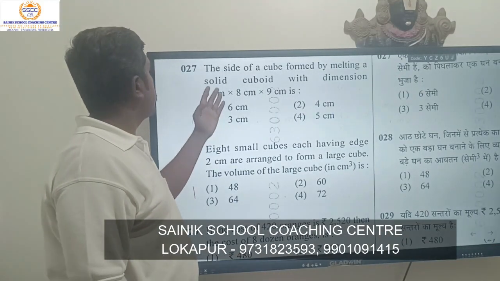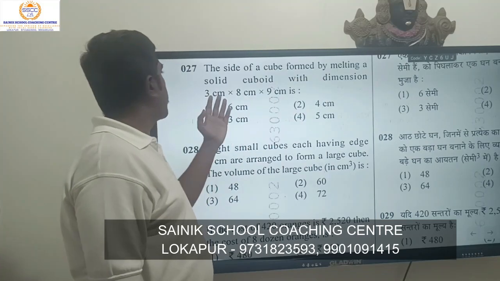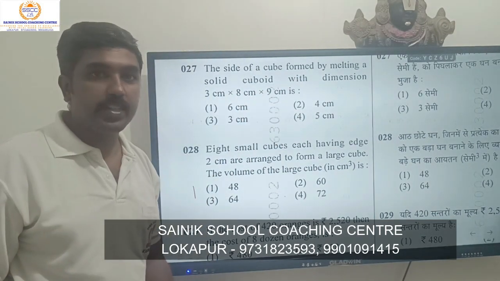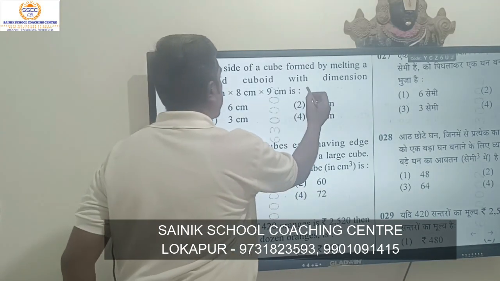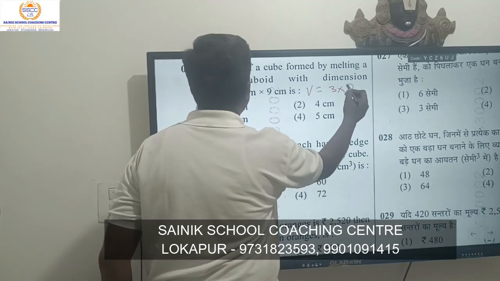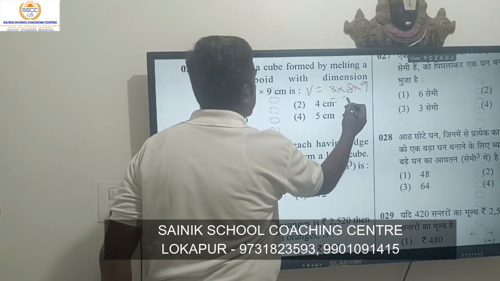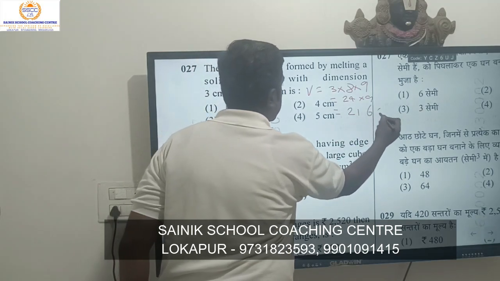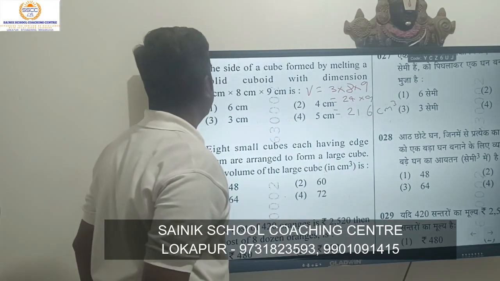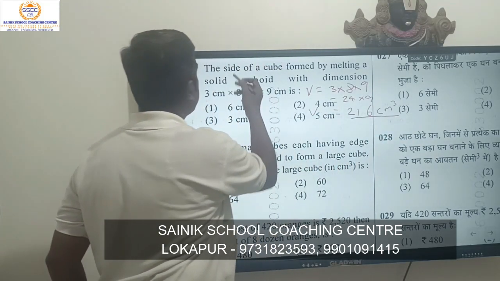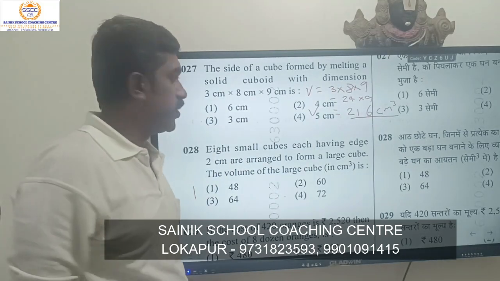Question number 27. The side of a cube formed by melting a solid cuboid with dimensions 3 cm, 8 cm and 9 cm is. So first find the volume of the cuboid, that is 3 cm into 8 cm into 9 cm, that is 24 into 9, that is 216 cm cube. So this is also the volume of the cube formed by melting the cuboid.